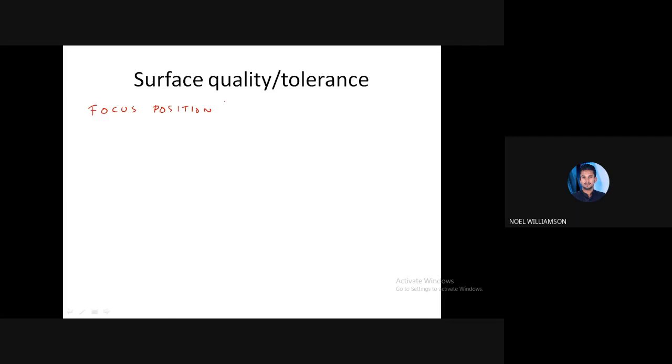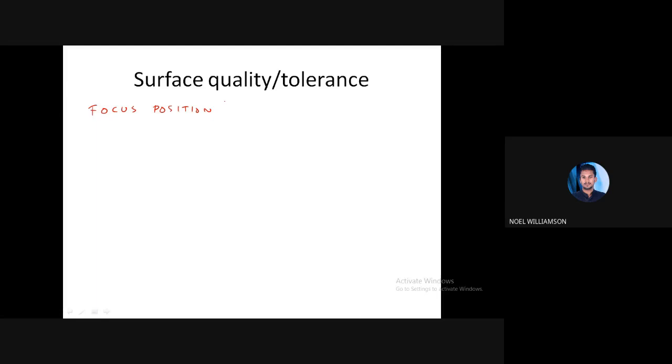If it is focused to the surface, then it will have a quality. If it is focused beyond that, then there will not be a certain quality, or the quality may be lost. So in order to have a good quality, it has to be focused to the right position. So the focus position is the main thing, or the most significant parameter which affects the quality.